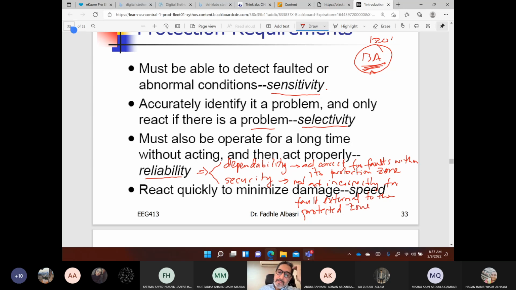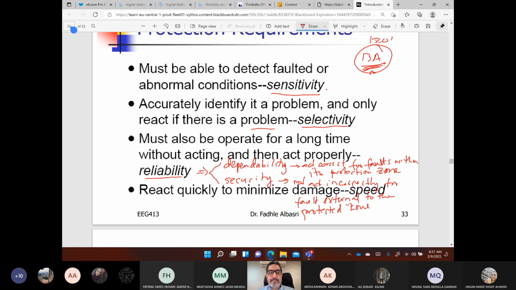So security is not just that it should act always correctly for faults within the transformer if we are protecting a transformer. It should also not operate when there is a fault outside the transformer. It's supposed not to operate and it did not operate. That makes it secure.